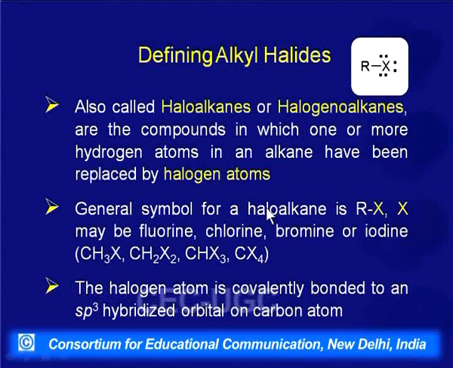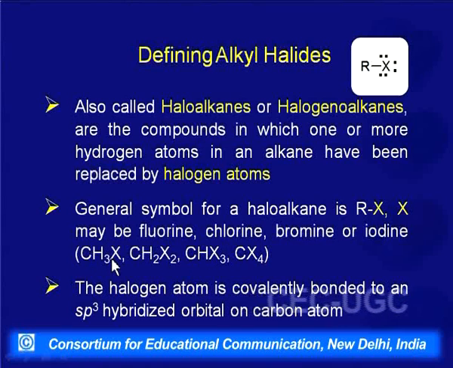The general symbol for a haloalkane is RX, where X may be any of the halogens, that is fluorine, chlorine, bromine or iodine. And not only that, as it is said, one or more hydrogens can be replaced by halogen atoms.